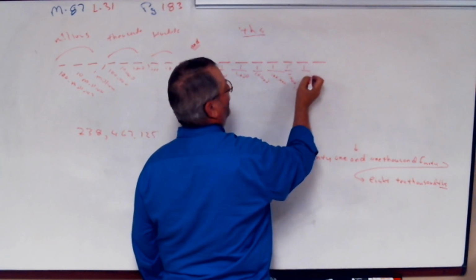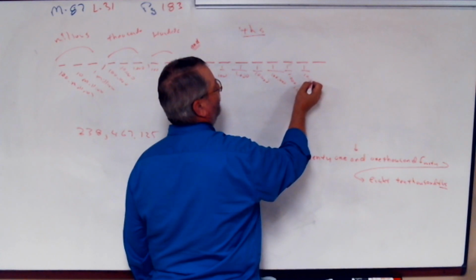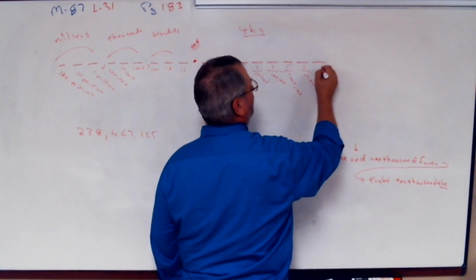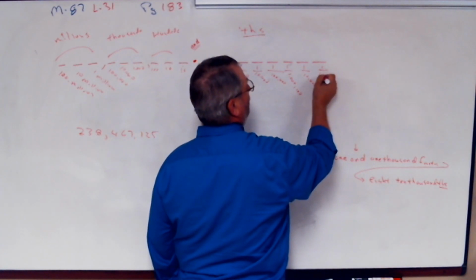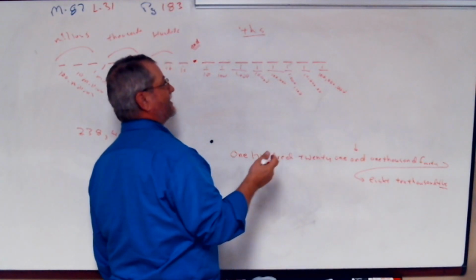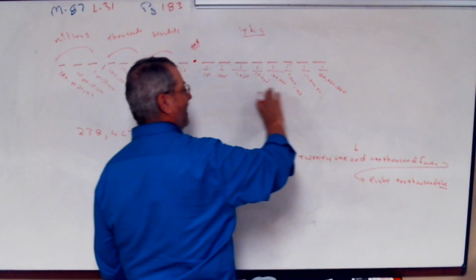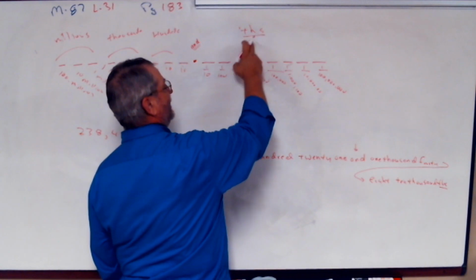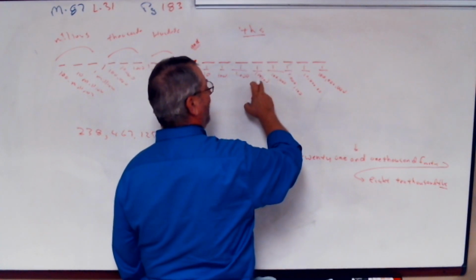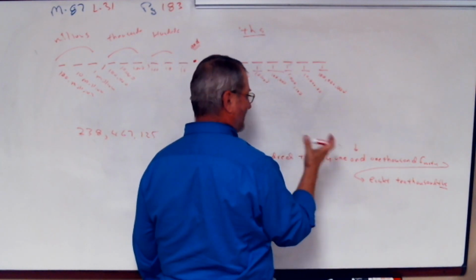This one here is the 10 millionths. And this here is the 100 millionths. All these down here are tenths, hundredths, thousandths, 10,000ths.